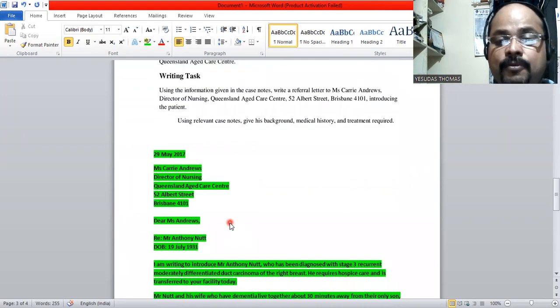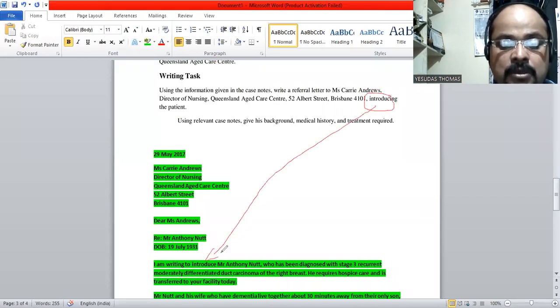We have introduced Mr. Nutt, and he is transferred to the aged care.